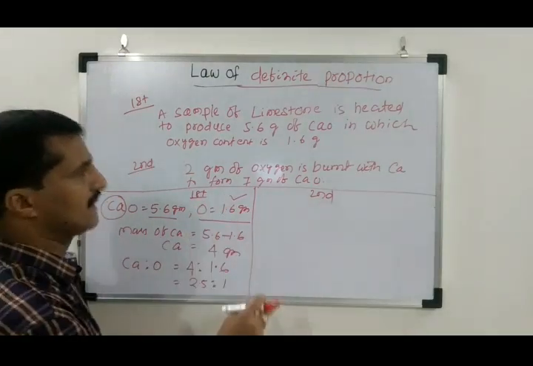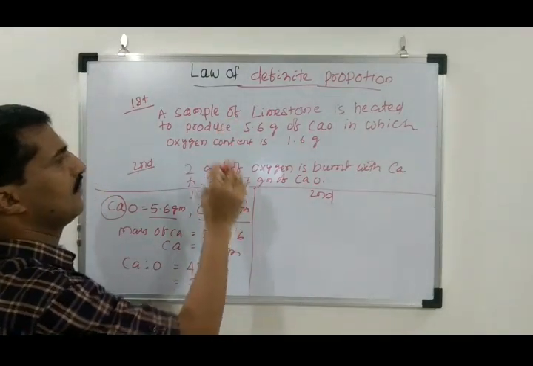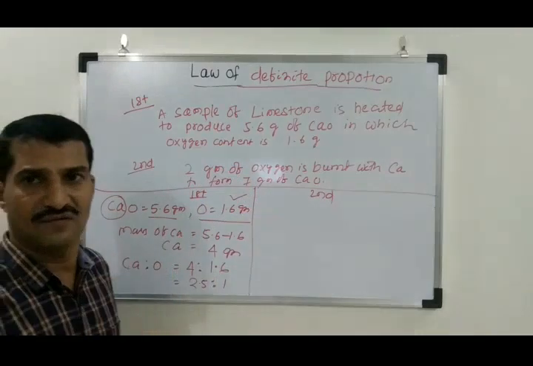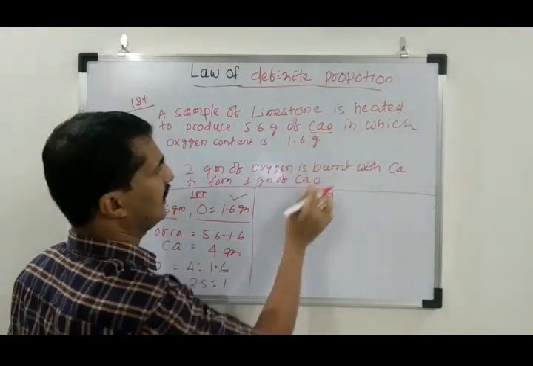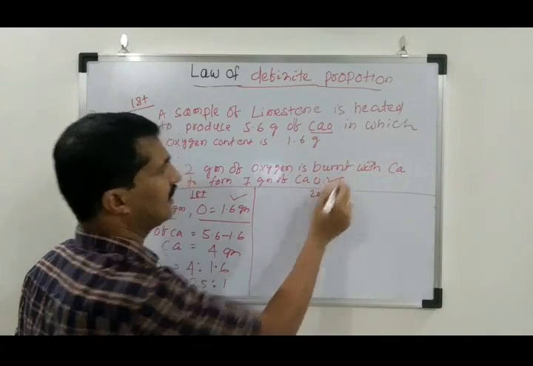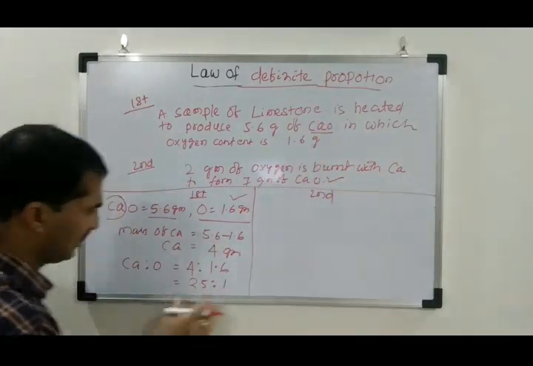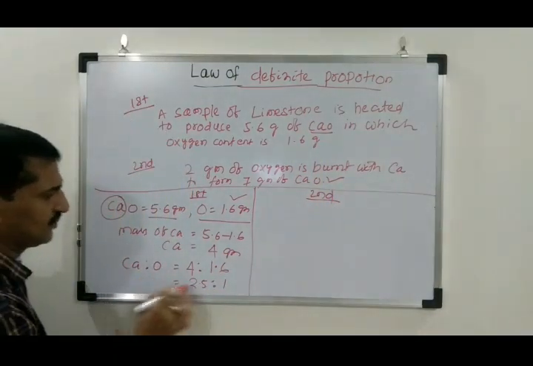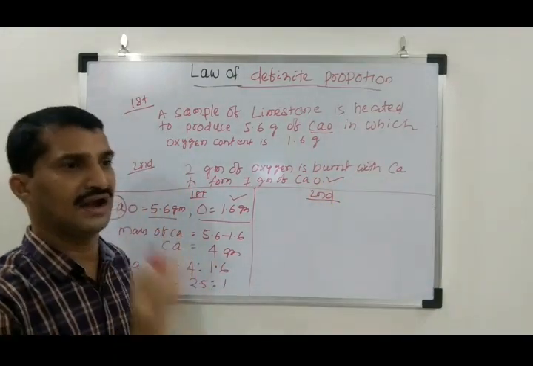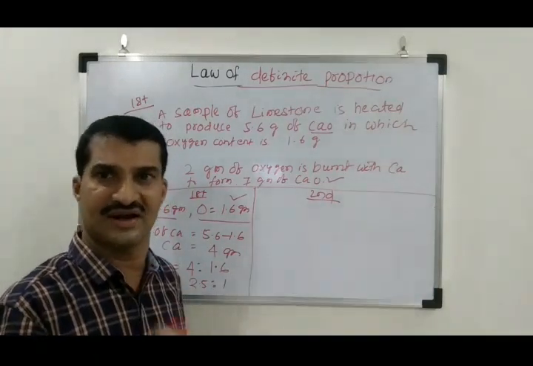Then we can say that these two methods obey the law of constant and definite proportion, because here calcium oxide is prepared in one method, here calcium oxide is obtained in another method. So the ratio of calcium and oxygen is this. If we prove in the second method also the ratio between calcium and oxygen is this, then we can say it obeys the law of constant and definite proportion.